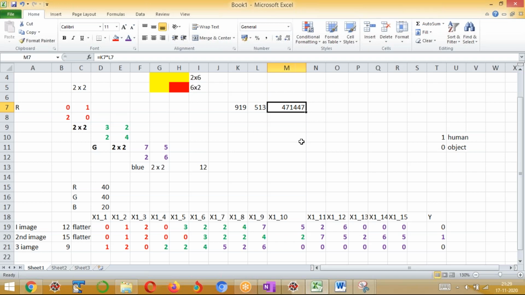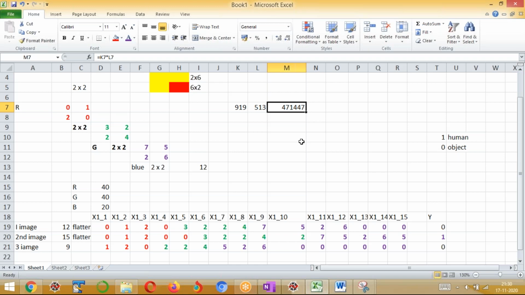That means 471,447 columns are going to be created. So when you have this many columns, will you apply machine learning here? You cannot. So you need to apply deep learning here, that means your deep neural network, your artificial neural network. That is what you are going to learn.